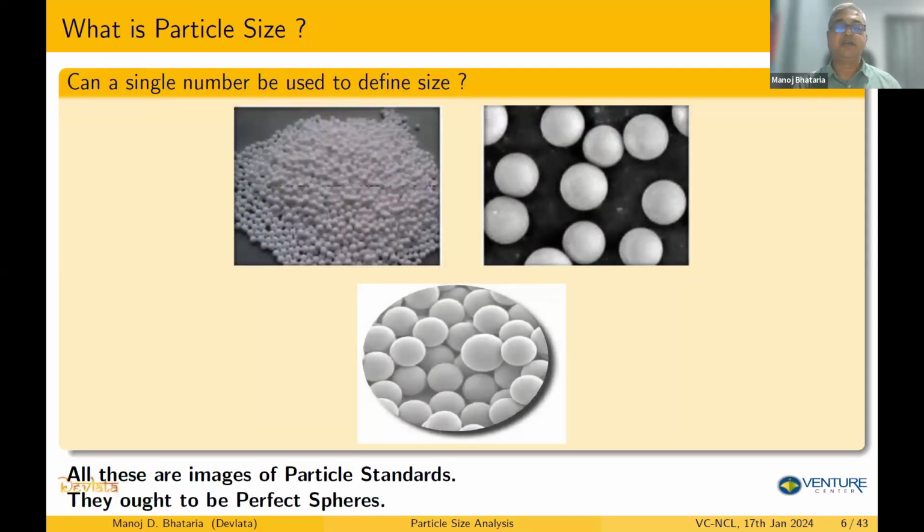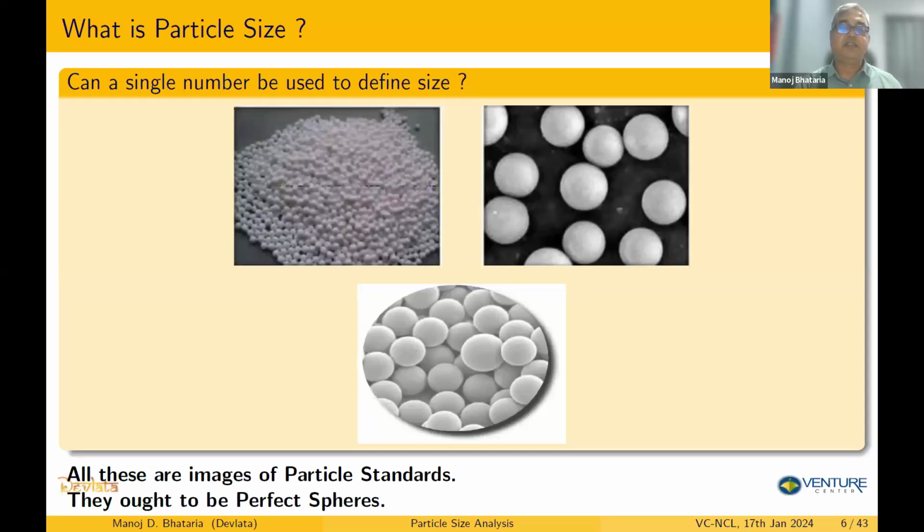particle size. These are images of some of the standards that we deal with. They're perfect spheres. In fact, these range from a few nanometers to a few microns sometimes. So this is the particle size range for these particular standards. And they're very stable.